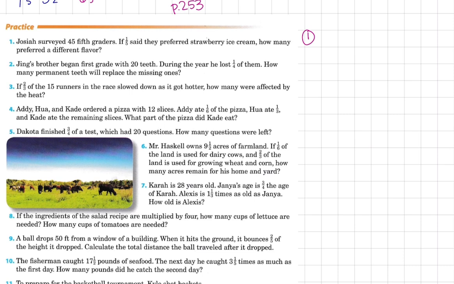Well, we know that 1/5 preferred strawberry, so that means the rest preferred a different flavor. What is the rest? You would do 1 minus 1/5, which equals 4/5. Then we want to find out how many prefer the different flavors.